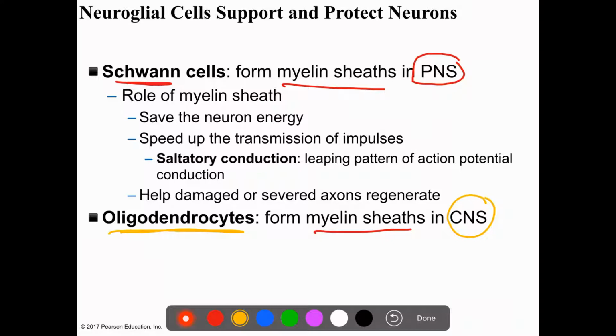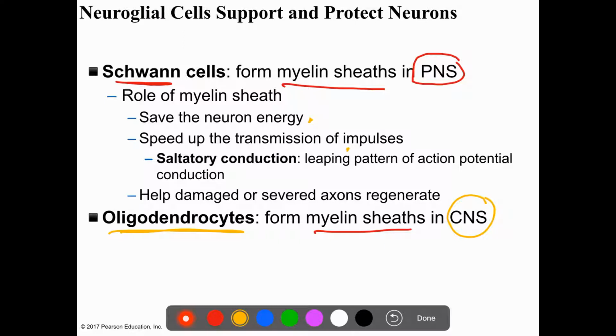The myelin sheath plays different roles. One of them is to save the neuron energy, but importantly, it speeds up the transmission of impulses. What does that mean?